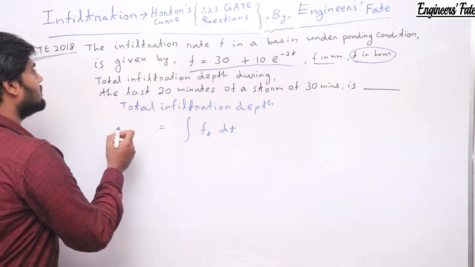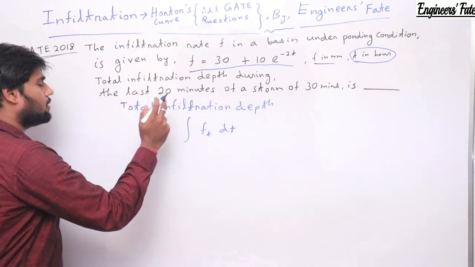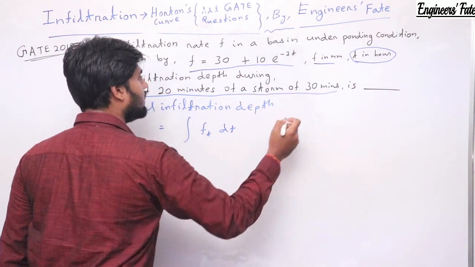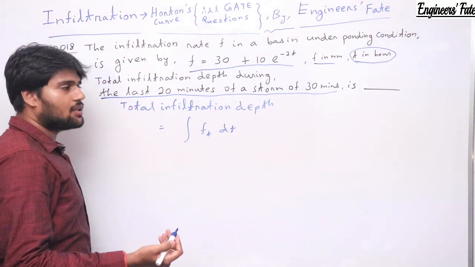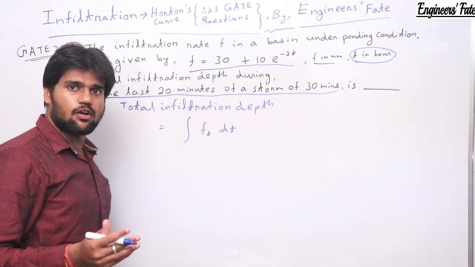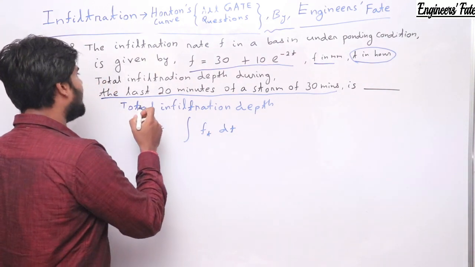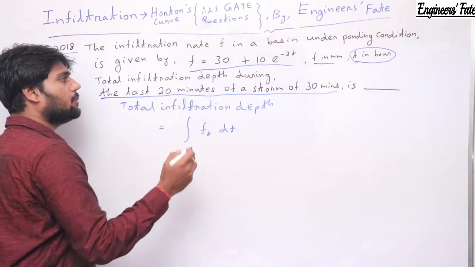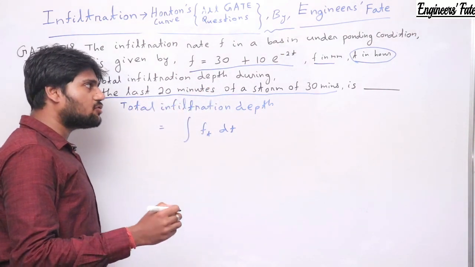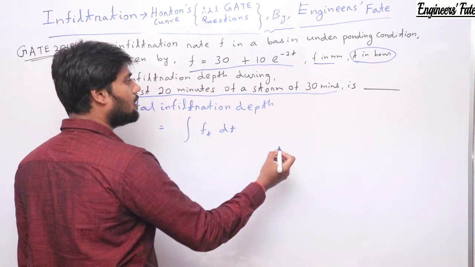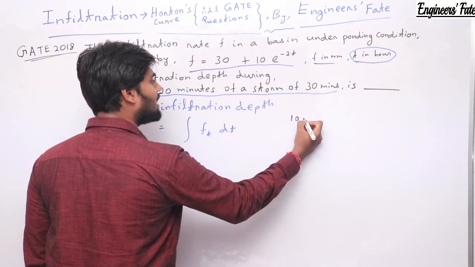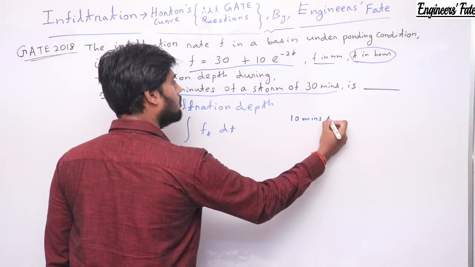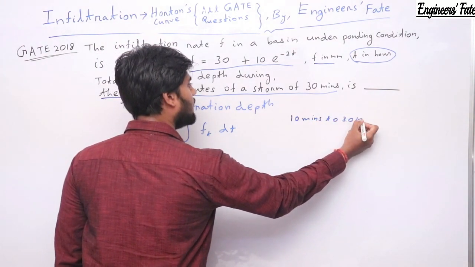He has asked us the total infiltration depth during the last 20 minutes of a storm of 30 minutes. That means the storm is of 30 minutes and he has asked us the infiltration depth during the last 20 minutes of the storm. Last 20 minutes of the storm means the range he has asked is from 10 minutes to 30 minutes.